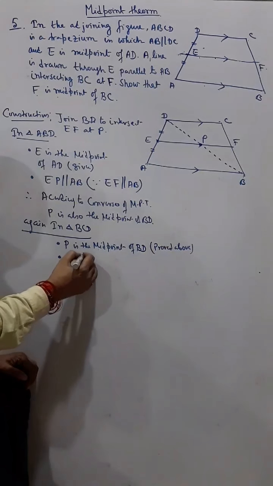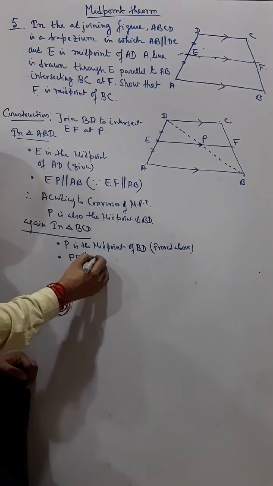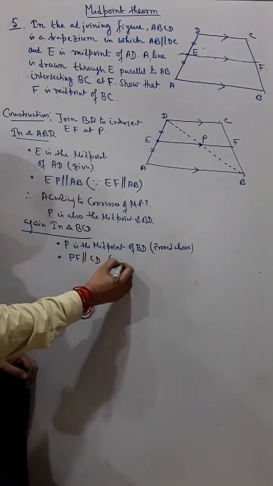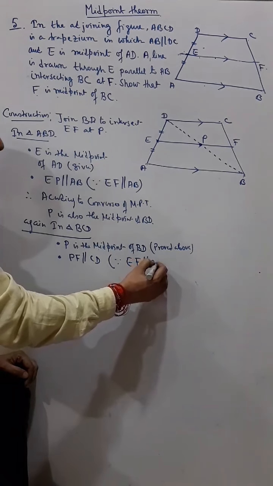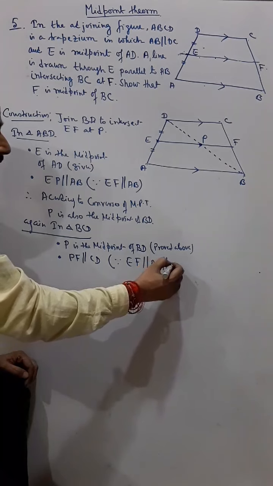And again PF is parallel to CD, since EF is parallel to AB and AB is parallel to CD.